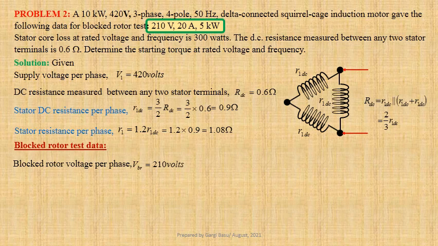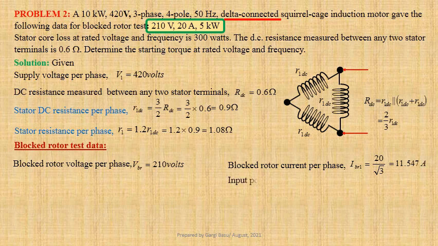Since the stator is delta connected, blocked-rotor current per phase IBR1 equals 20 upon root 3, that is equal to 11.547 ampere, and input power PBR1 equals 5 kilowatts, that is equal to 5000 watts.